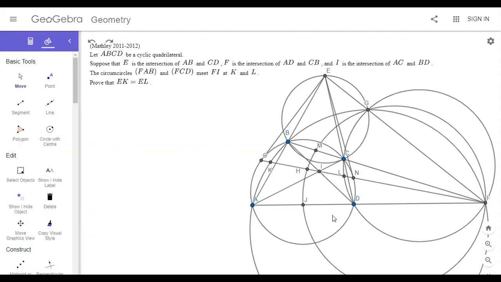Yeah, so I think all I have to do is this: if H is the midpoint of ON and M is the midpoint of BC and J is the midpoint of AB, can I show JHMF is cyclic?